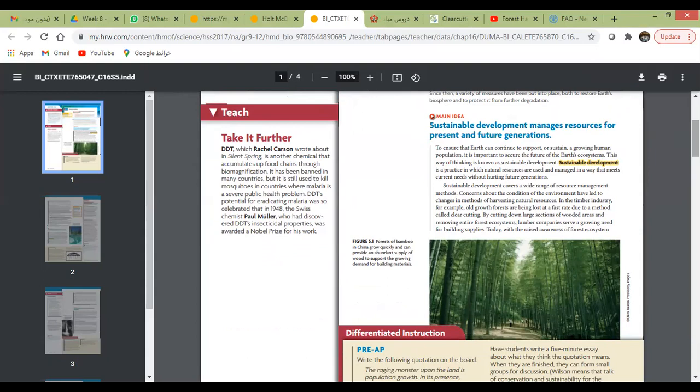But to ensure that Earth can continue to sustain this growing population, it is important to secure the future of the Earth's ecosystem. It's important to protect and make the future of our Earth's ecosystem secure by using sustainable development.